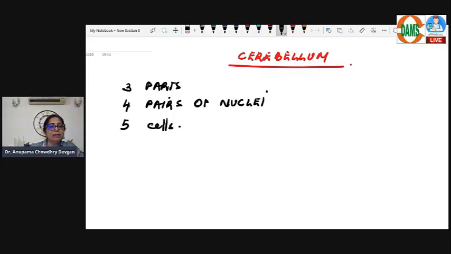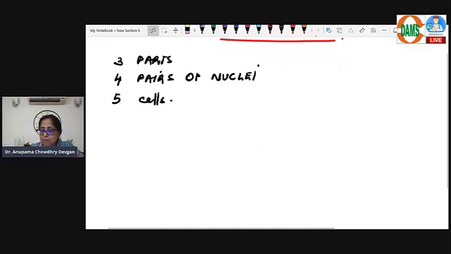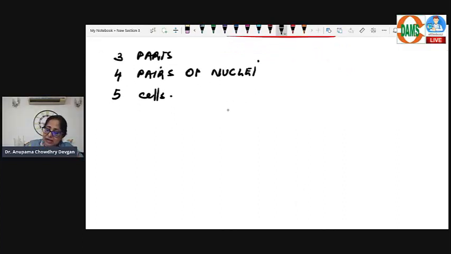This is how you're going to remember the cerebellum. There are 3 parts, 4 pairs of nuclei. That means there are 8 nuclei in total. 8 nuclei, 4 pairs, and there are 5 cells. Yes?